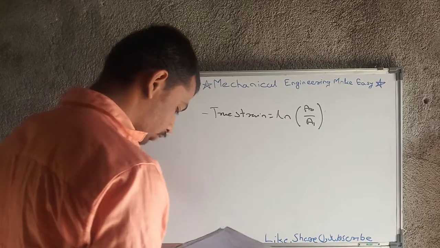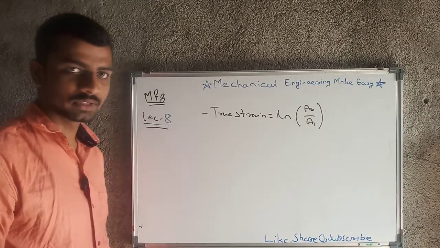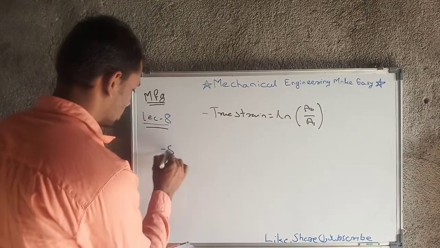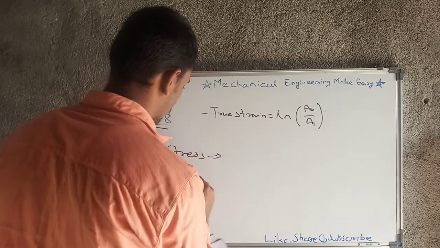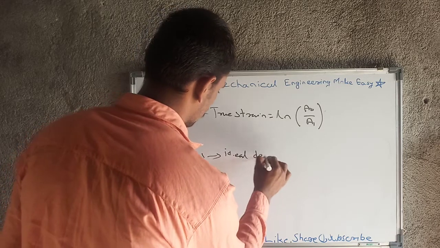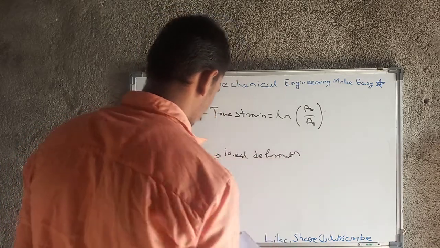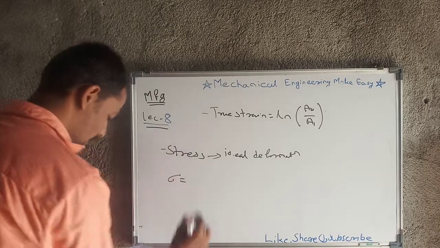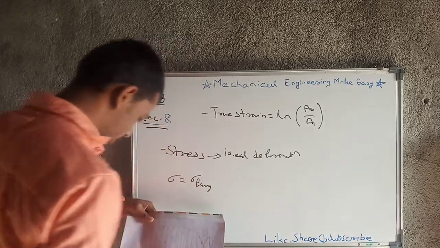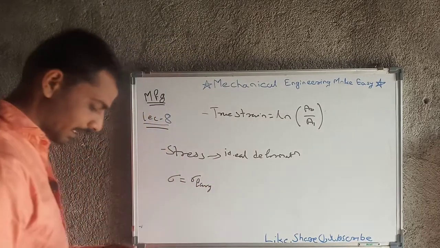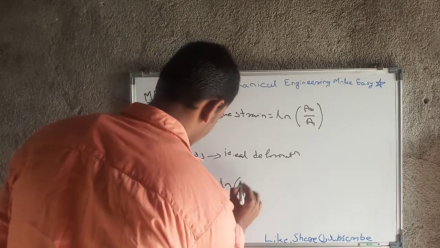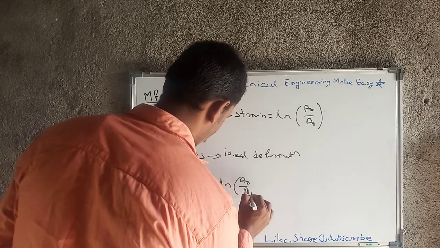Then there is stress produced by ideal deformation, means if there is ideal deformation, then how much stress will be produced? That stress for ideal deformation is equal to sigma f average into ln of A0 upon A1 or A_F.